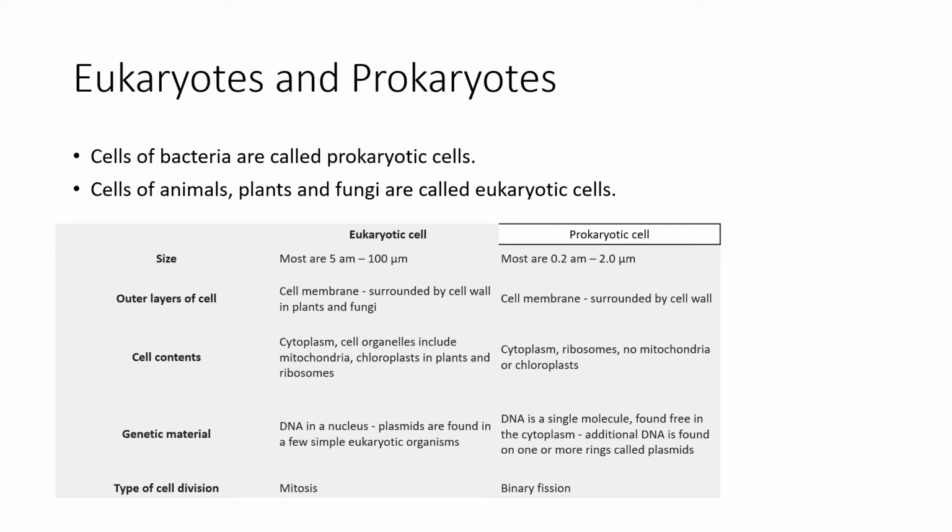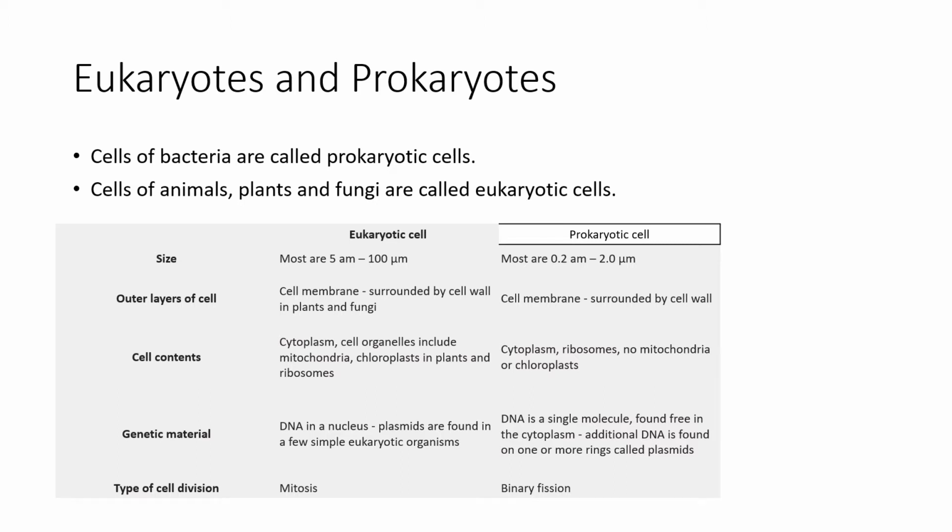So first we'll be looking at eukaryotes and prokaryotes. So cells of bacteria are called prokaryotic cells. On the other hand, cells of animals, fungi, and plants are called eukaryotic cells. So here's a table comparing prokaryotic and eukaryotic cells. So the size of eukaryotic cells are mostly 5 to 100 micrometers.